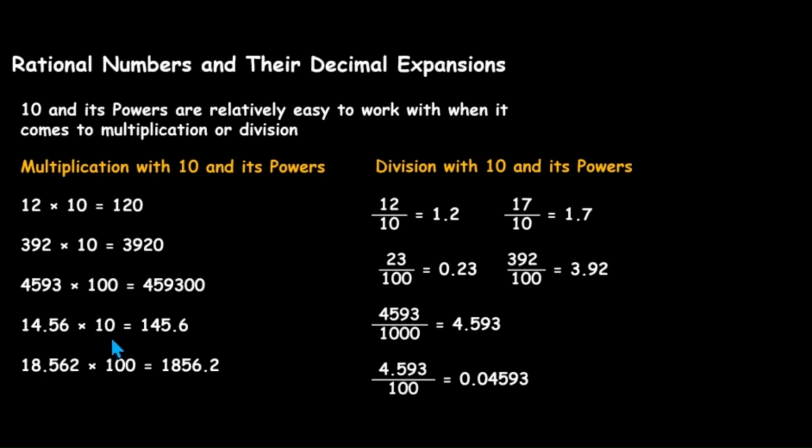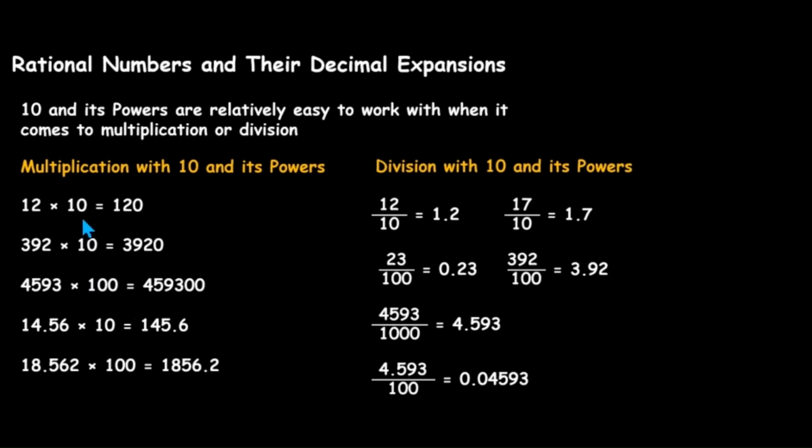As here in this case, 10 has got only 1 zero, so one digit gets moved to the left of the decimal point. And 100 has two zeros, so two digits will move to the left of the decimal point. And similarly, when any rational number or decimal number gets multiplied by 1000, three digits will move to the left of the decimal point, and so on.